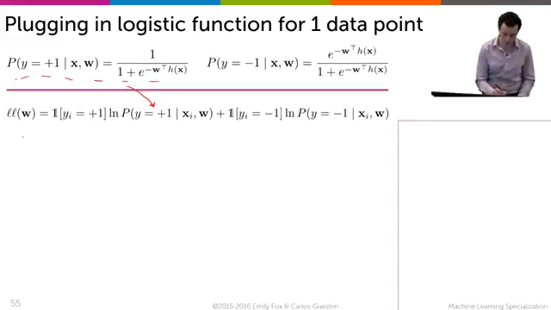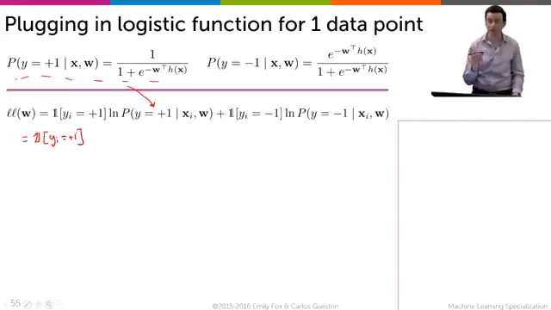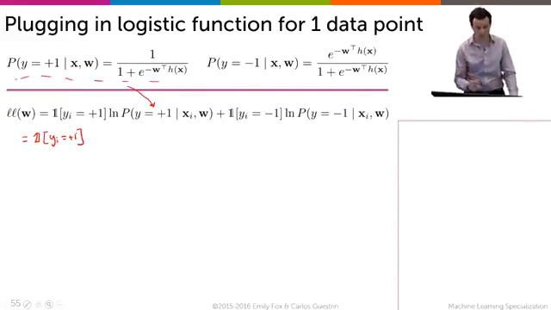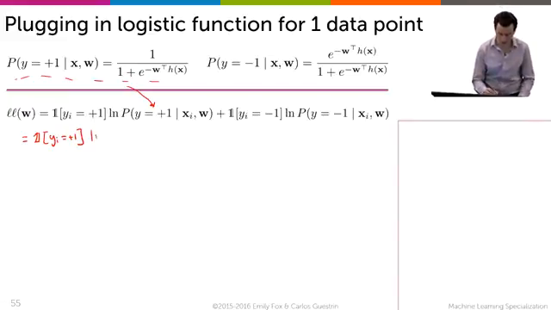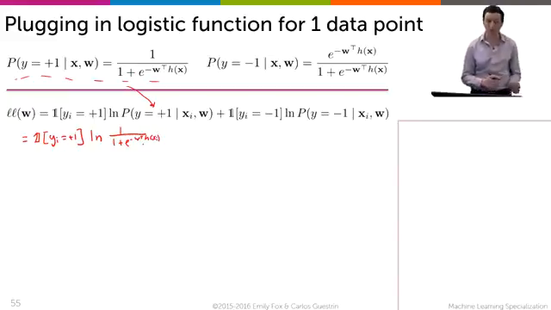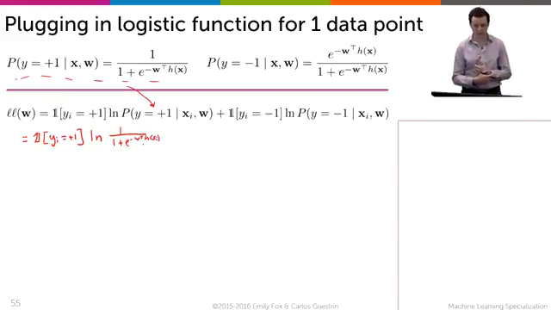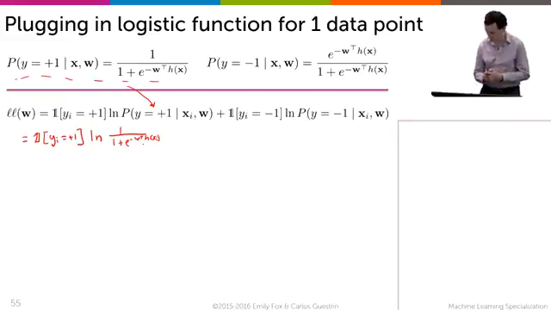So the log likelihood function is the indicator that y is equal to +1. We're only going to deal with one data point for now, and then we're going to sum over the data points later. So, of the log of that ratio, 1 over 1 plus e to the minus w transpose h of xi. This is the particular data point we're dealing with. So that was easy. That was the first one.